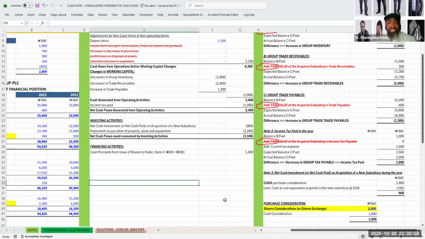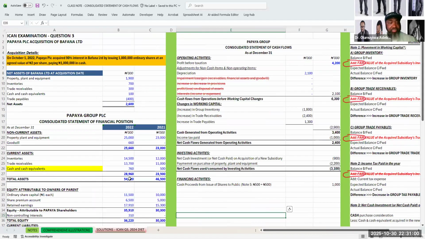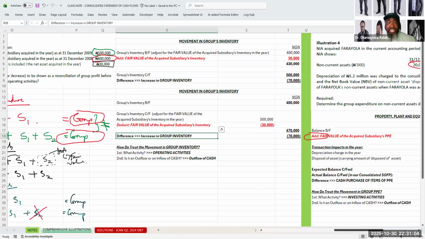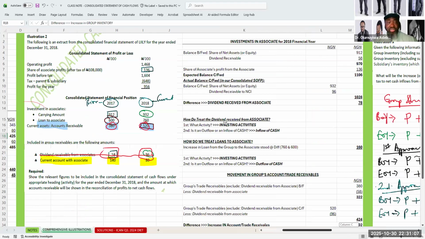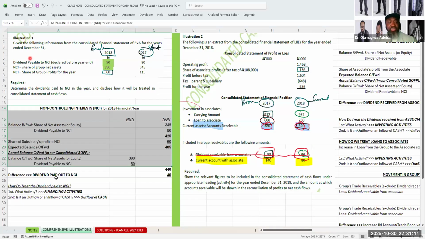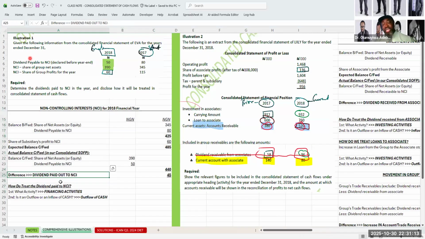Now, we have non-controlling interest. Remember, we discussed non-controlling interest yesterday. I think that's even the first or second thing we discussed. Yeah, the first. The principle applied. We want to determine what was the dividend paid out to NCI, if any, in that year.